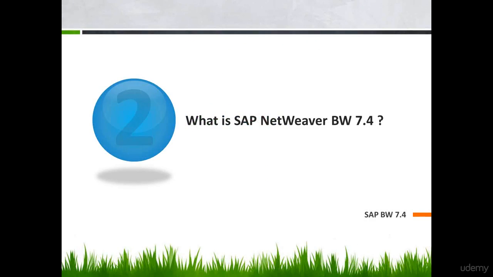Now we have seen what SAP ERP or ECC is. We have to come back to the place where we are going to learn, right? So, what is SAP NetWeaver BW 7.4? The latest version for BW is 7.4, which is on HANA.